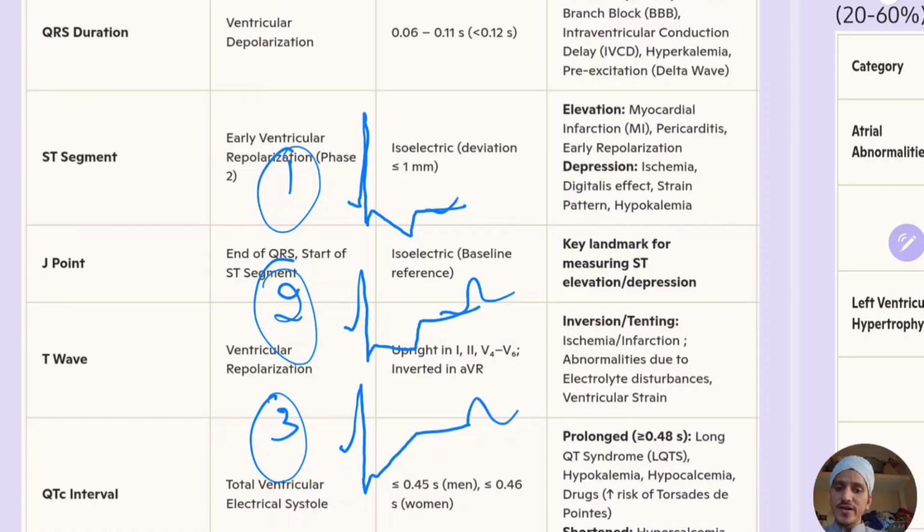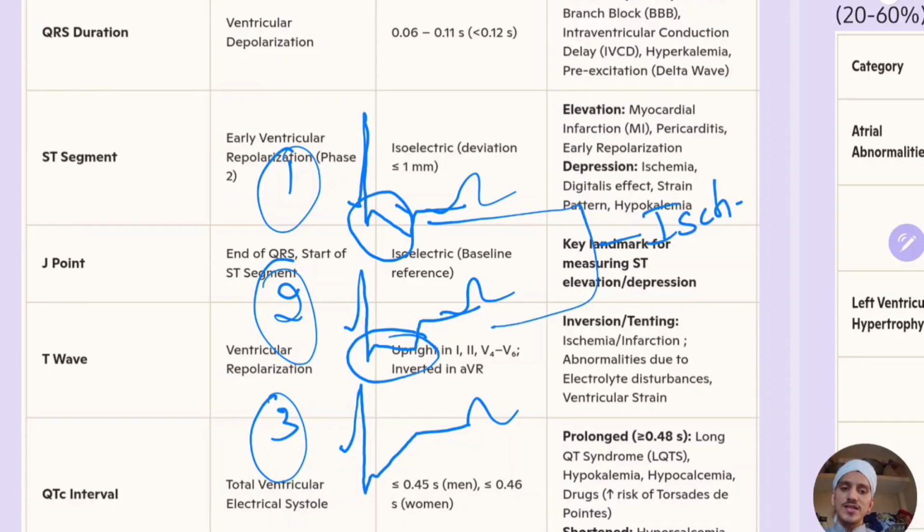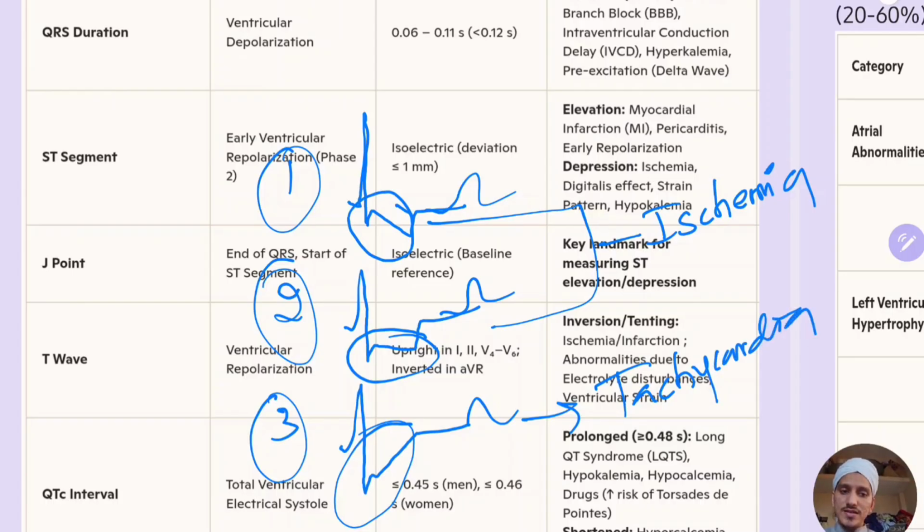Then this is the P wave. Okay. So downsloping and horizontal ST segment depression is seen in ischemia. Remember this point. And upsloping ST segment depression is benign, commonly seen in tachycardia. Okay. These three types of ST segment depression you should remember.